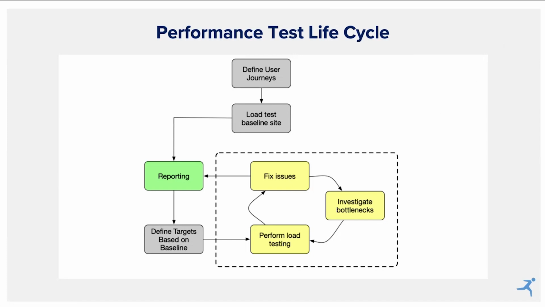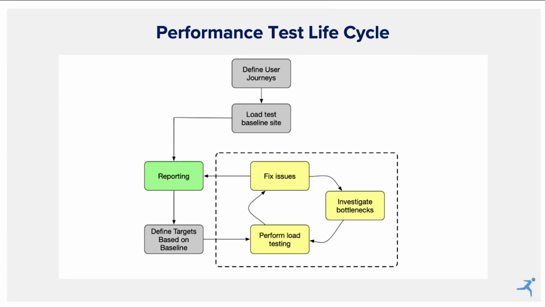So once we define the user journeys, we run a load test or any type of performance test on a baseline version of our site or the infrastructure. This will help establish the system's performance under the normal conditions.